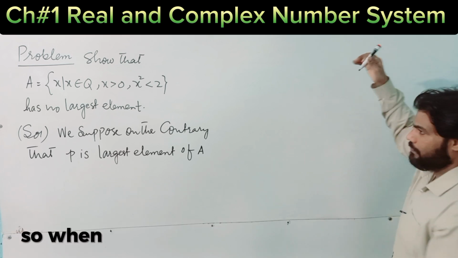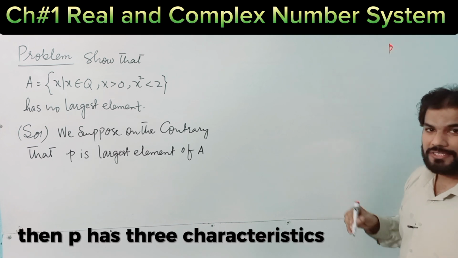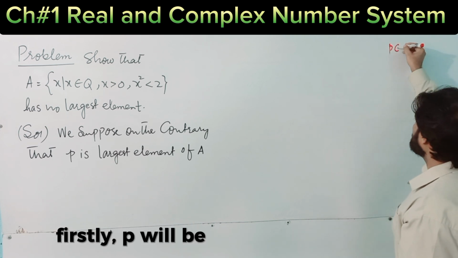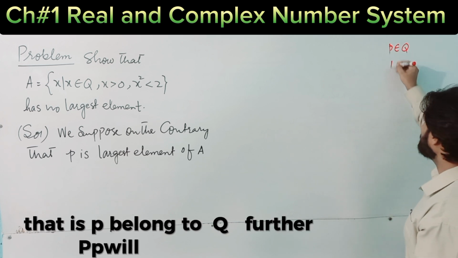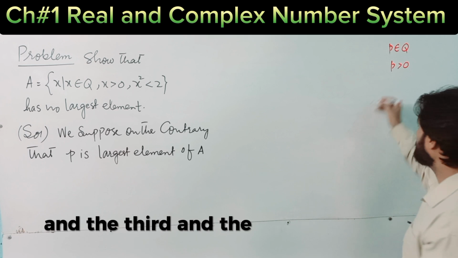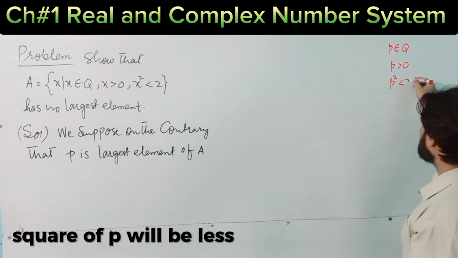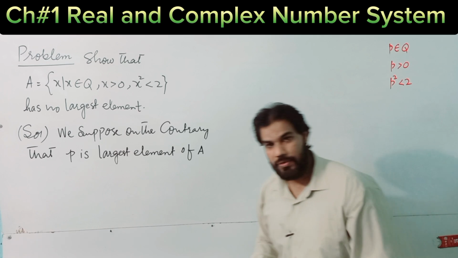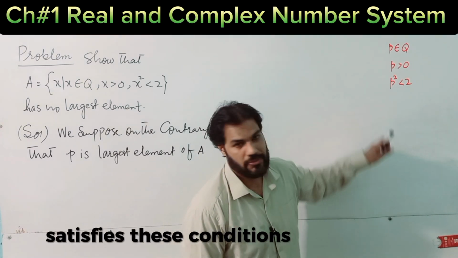So when P belongs to the set A, then P has three characteristics. Firstly, P will be rational, that is, P belongs to Q. Further, P will be positive. And the third and last condition is that the square of P will be less than 2. So every element that belongs to this set always satisfies these three conditions.